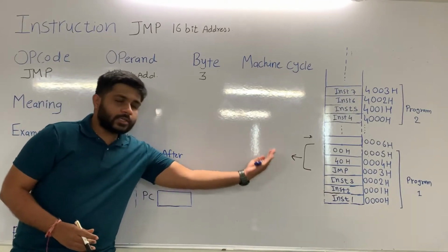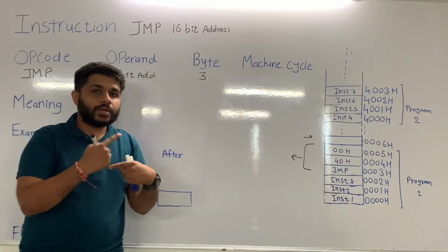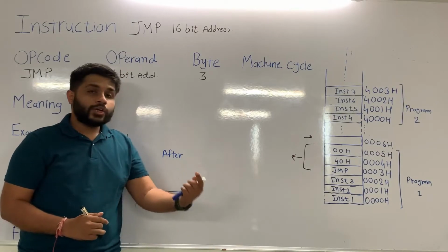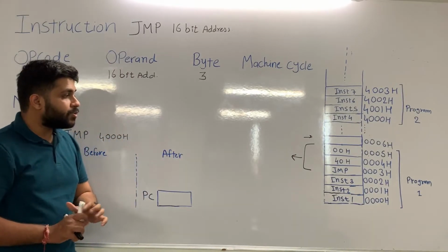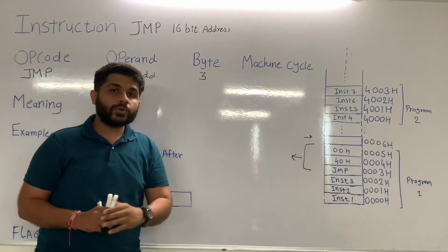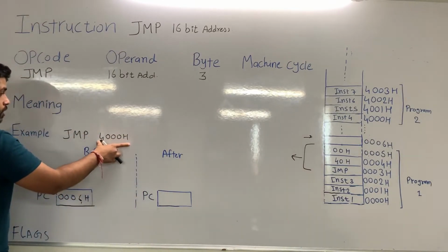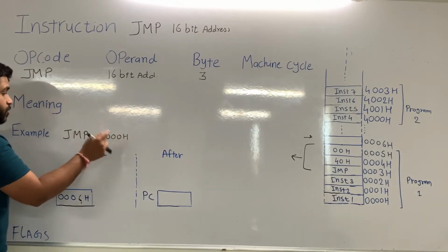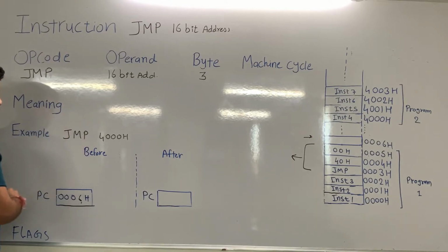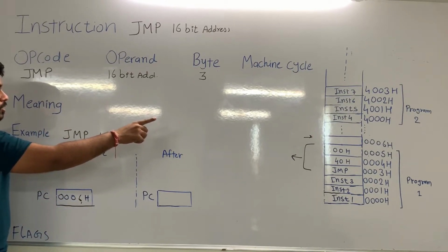Now when microprocessor fetches this instruction, the processor will decode and it will execute. During the execution, what microprocessor will do is that it will change the value of the program counter with 4000H. So whatever the value which is specified in the instruction, microprocessor will change that value to the program counter. So right now the program counter is pointing at 0006H.